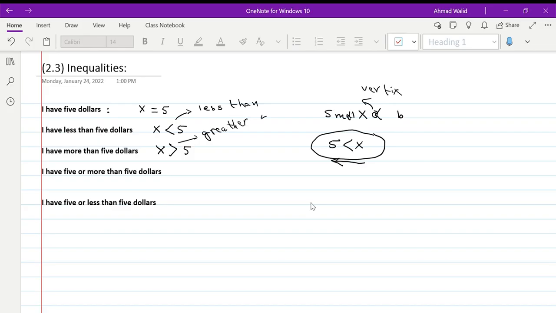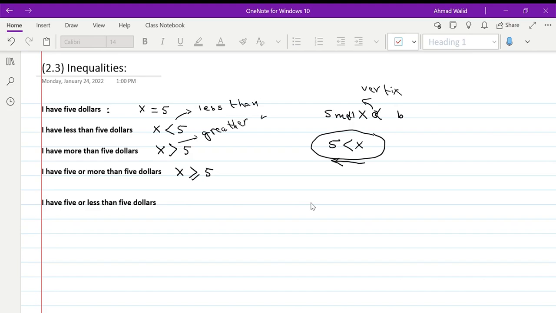I have 5 or more than $5. If my money is X, I have more than $5 or $5. Greater than or equal to. We use this sign.